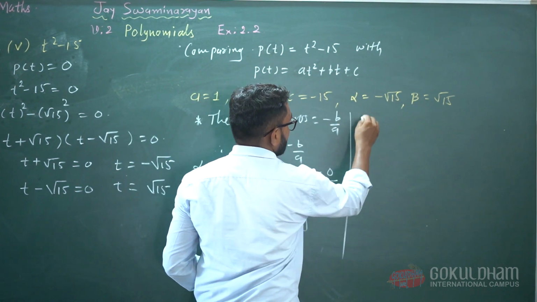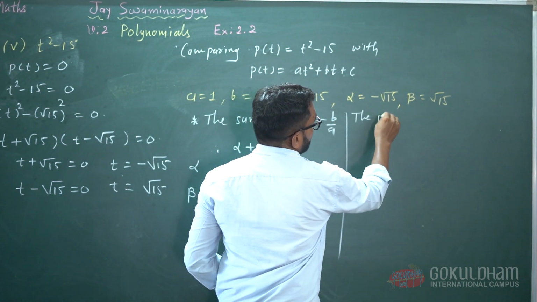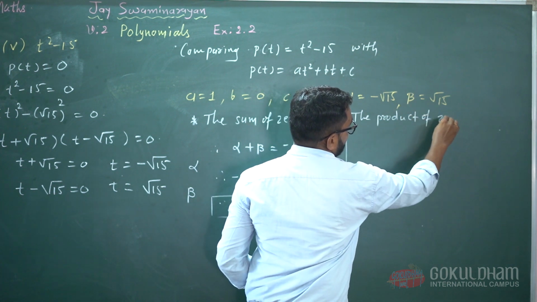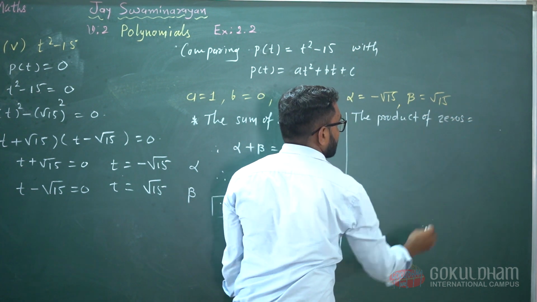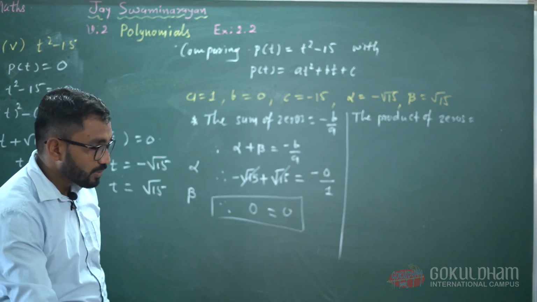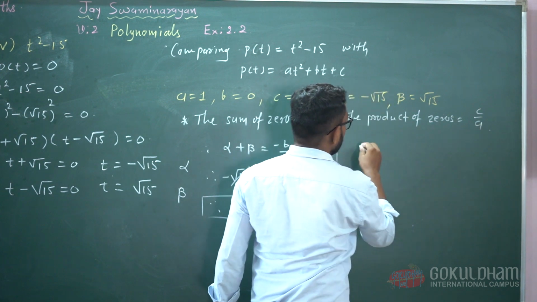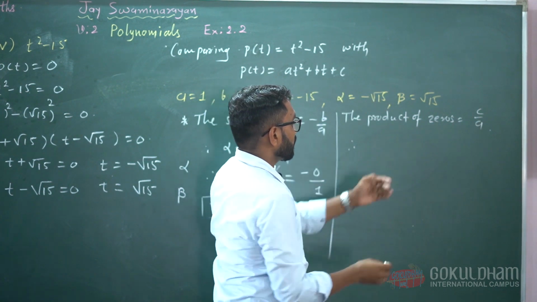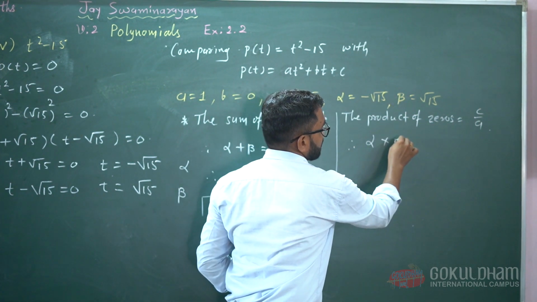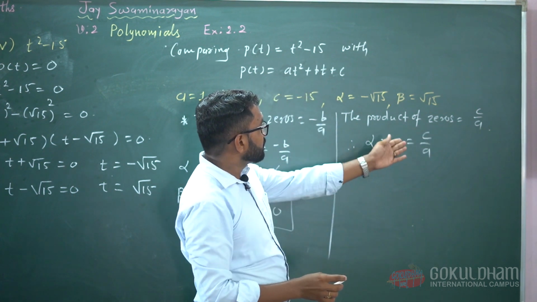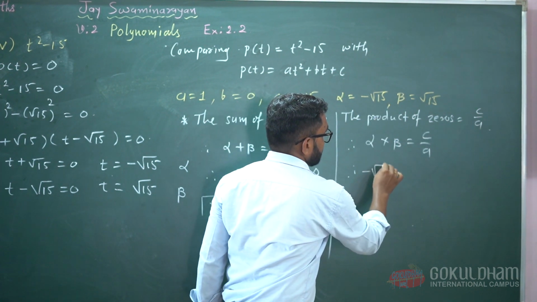Now the product of zeros means c by a. The product means multiplication, alpha multiplied by beta equals c by a.